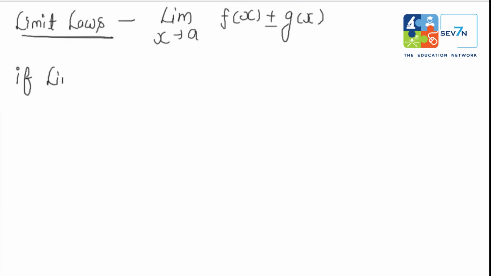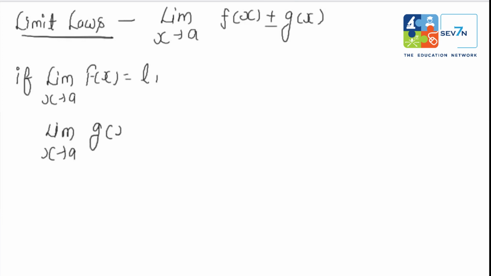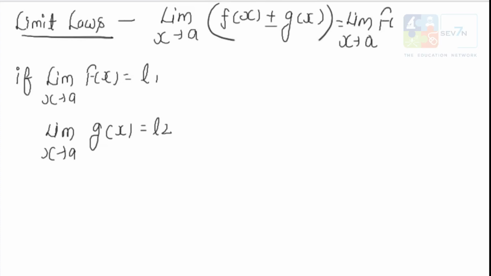Whenever you have any addition or subtraction of two functions, and suppose you are applying a limit on that addition of two different functions, limit tending to a, and if I write, see, if limit tending to a of f(x) is L1, and if limit tending to a of g(x) is L2, so this is the law of limit. Then you can write in separate form under the addition or subtraction, whatever is given.